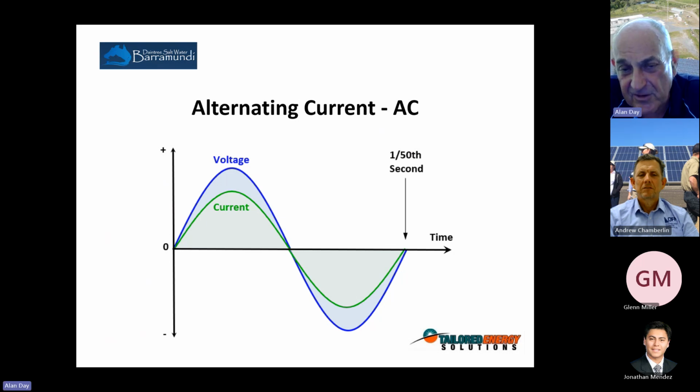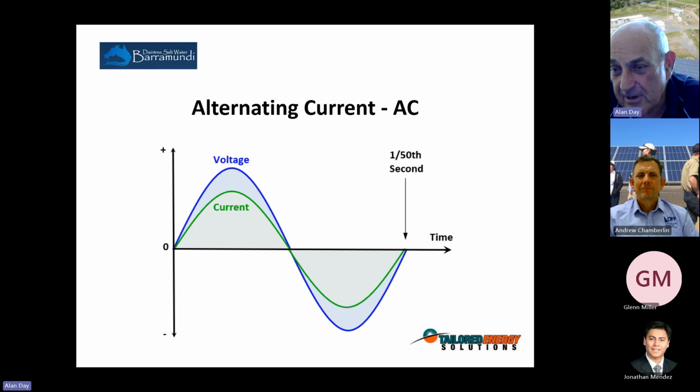There's a question that comes from this. People say, well, if you're going from positive to negative all the time, 50 times a second, how can anything work? Because it's going from positive to negative, so the average is nothing. How can anything be powered by that?